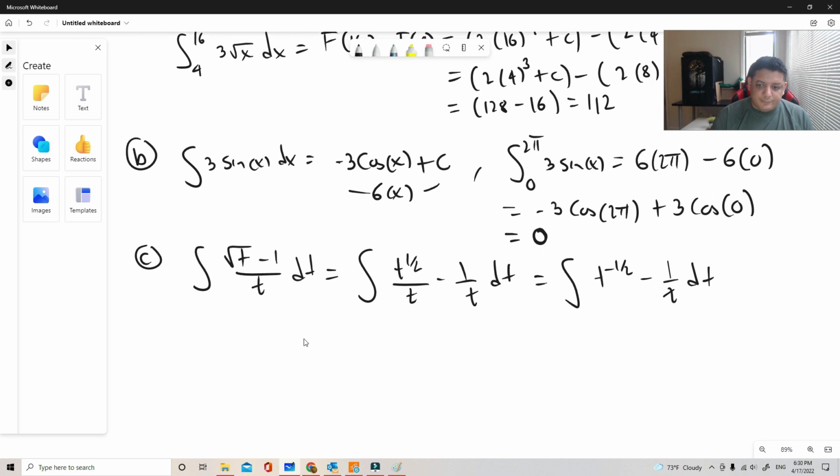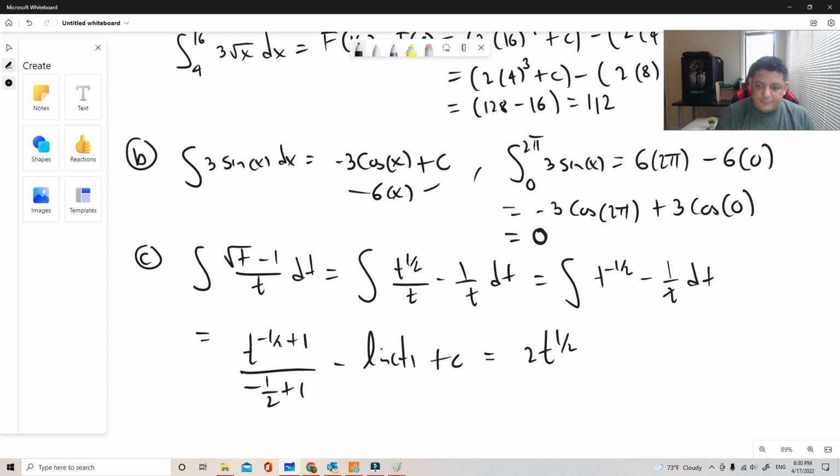Now, if we find the antiderivative here, this is going to be t to the minus 1/2 plus 1 over minus 1/2 plus 1, minus log of t plus a constant. Or the simplification of this will be twice t to the 1/2 minus log t. And this is what we can call our antiderivative F of t.